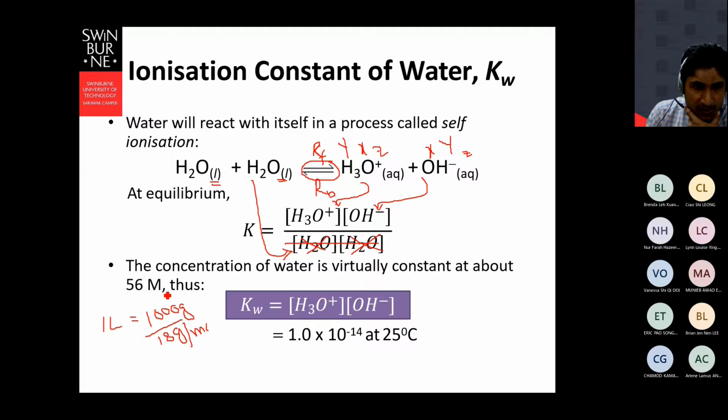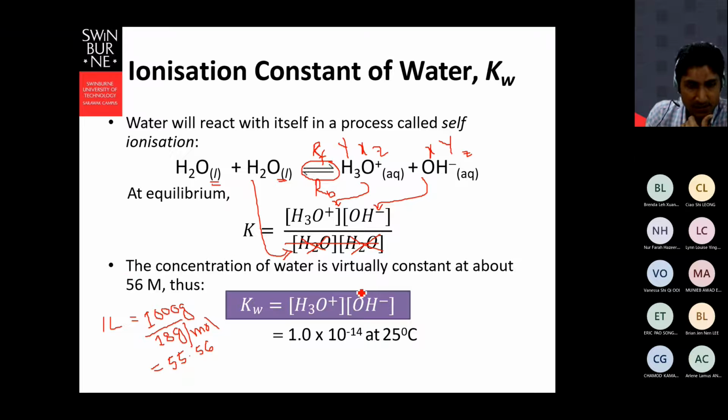So if we divide gram over mole, then we will find about 55.55, or about 56 mole. I just rounded off the values. So yeah, it is 55.56. So this is the number of moles of water.